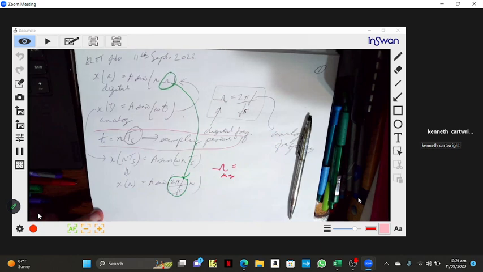It'll be the same: 2 pi times Fs over 2, over Fs. Which is how much?